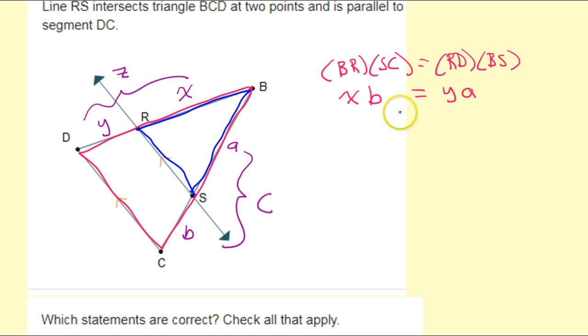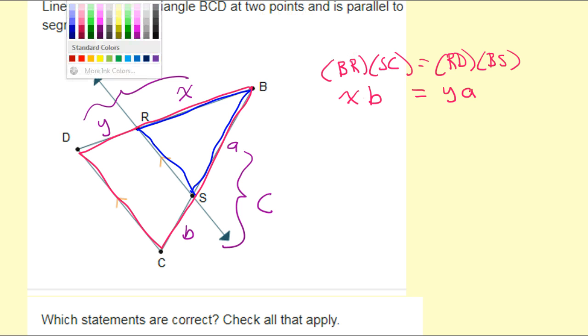So this doesn't really mean a lot to me in this form, but I see the X's and Y's and the A's and B's. What I'd like to do is get the X's and Y's together on the same side and the A and B on the same side.